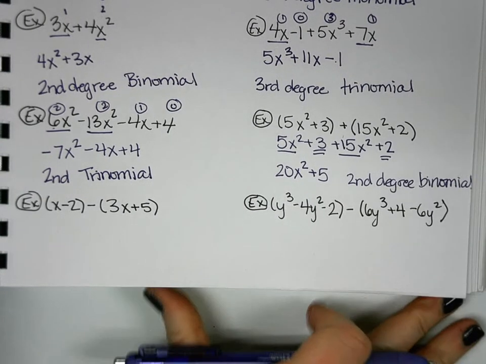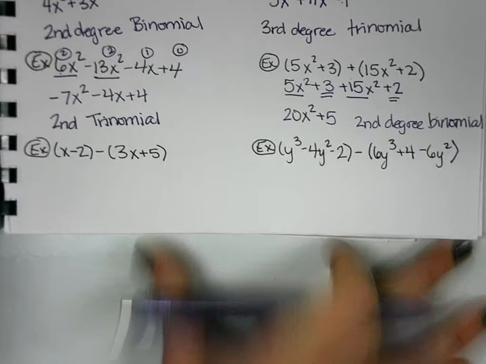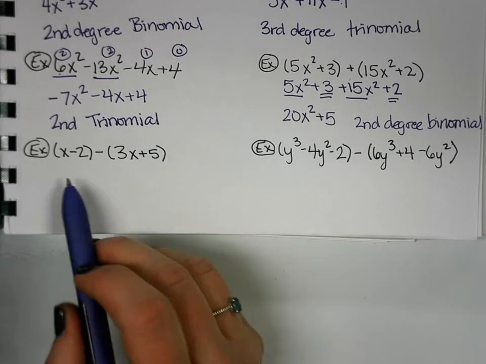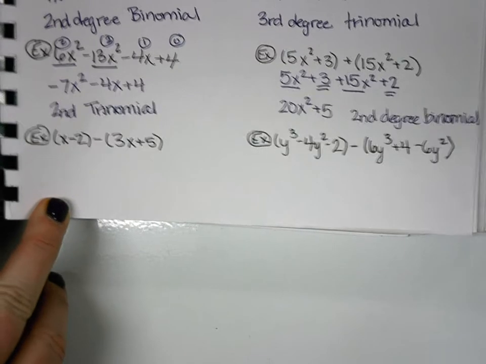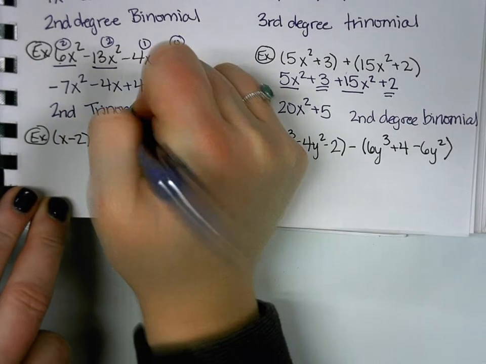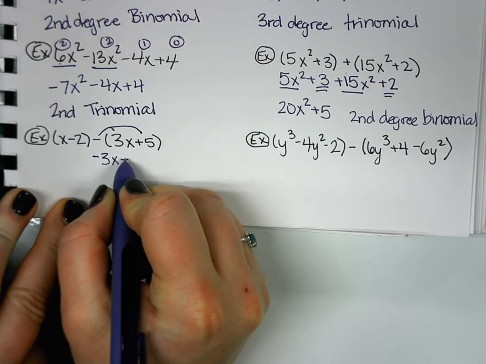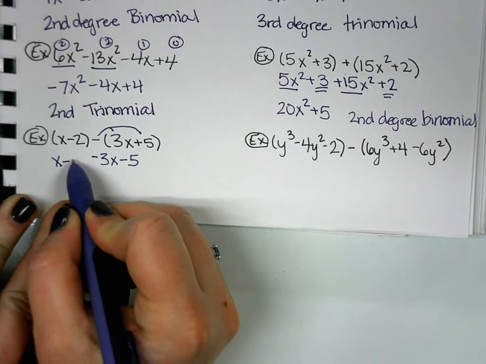Okay, the last 2 here. What do we have to do on this one here to start? We have to distribute the negative. So this is going to become negative 3x plus minus 5. And we just copy the x minus 2 down.